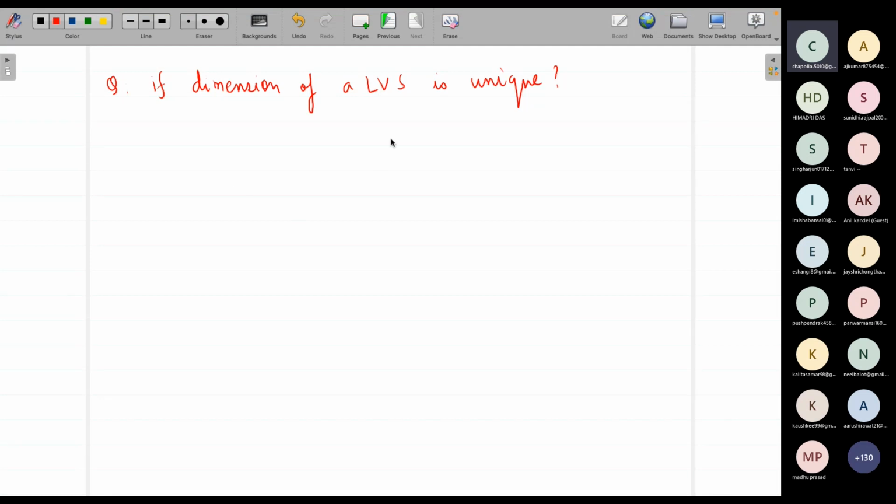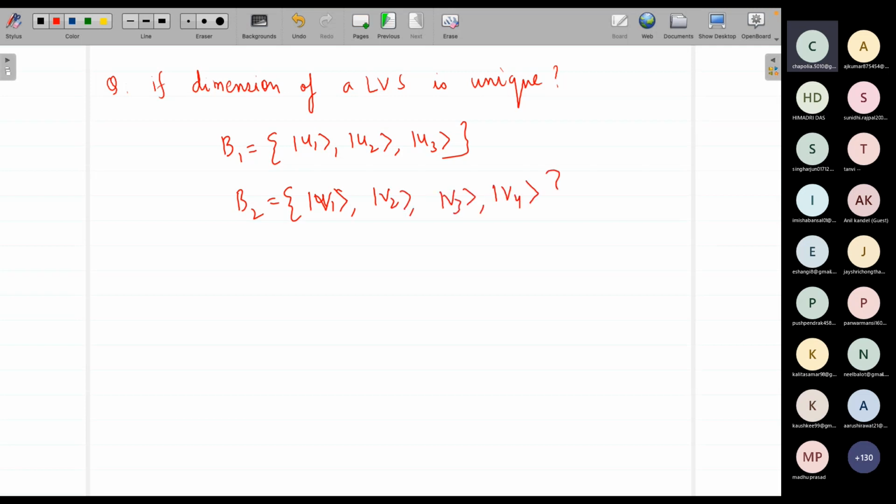If the dimension of a given linear vector space is unique, so when I say it is an n-dimensional space, is that dimension unique for that linear vector space? Or can you have set 1 with, let's say, 3 vectors, and another set 2 with v1, v2, v3, v4, and all are non-zero, so it's non-trivial.